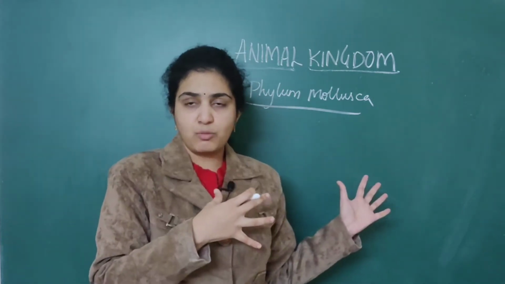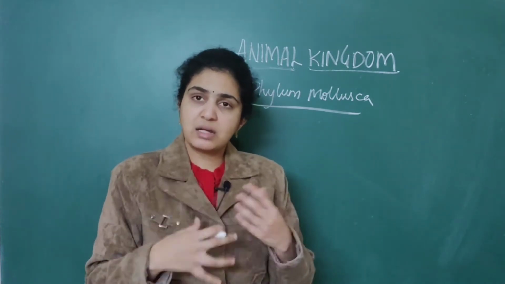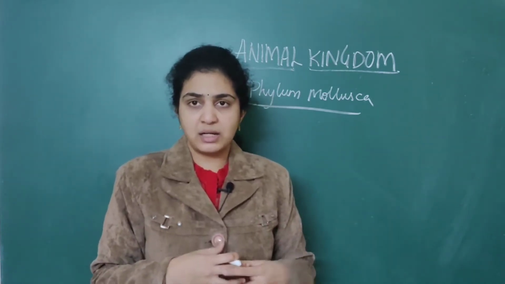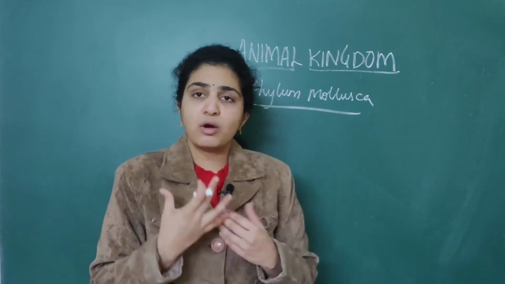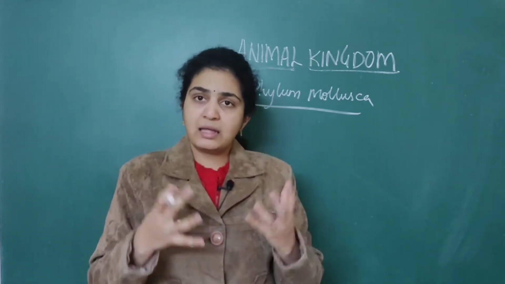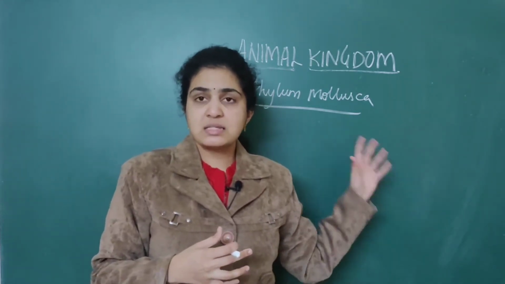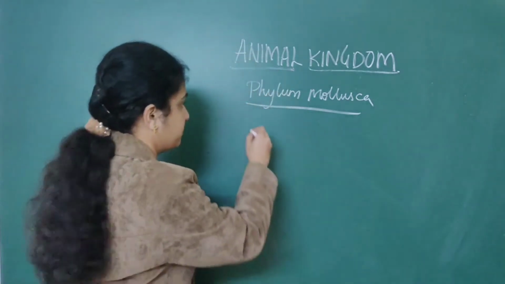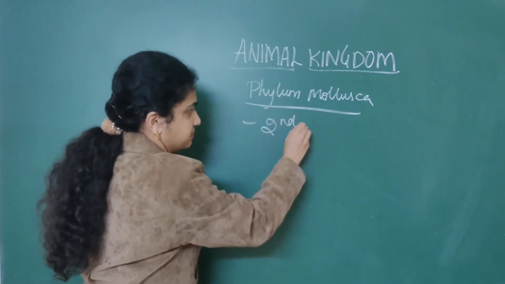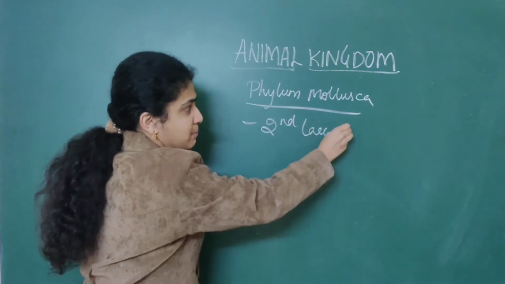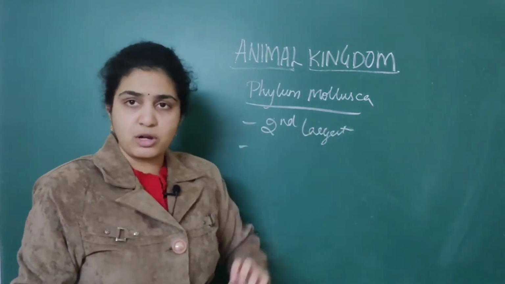Later this Mollusca will come. In Mollusca there are numerous related examples. We will deal with them now. So this is the second largest phylum. This is the important point related to Mollusca.